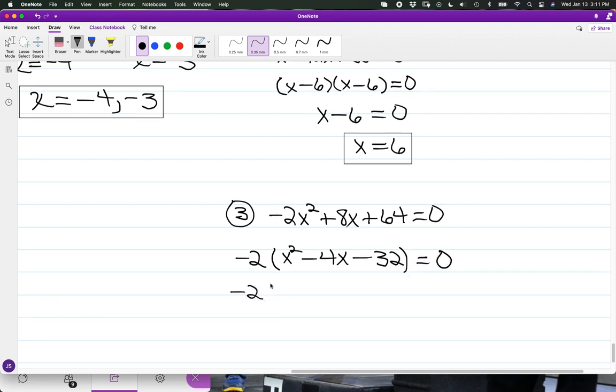And we have negative 2, and with the trinomial resulting in the reduction, x squared, we have x times x, and factors of negative 32 that will add up to minus 4. More weight is going to be given to the subtraction than to the addition. So you have x plus 4 and x minus 8.